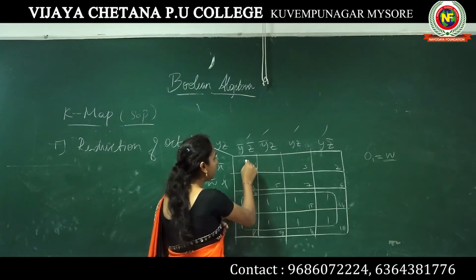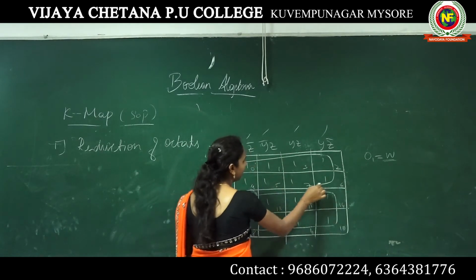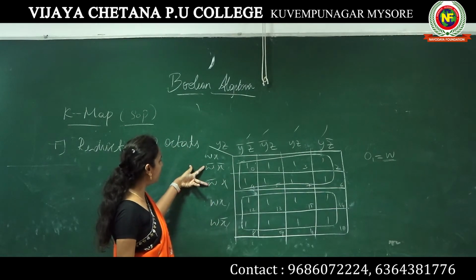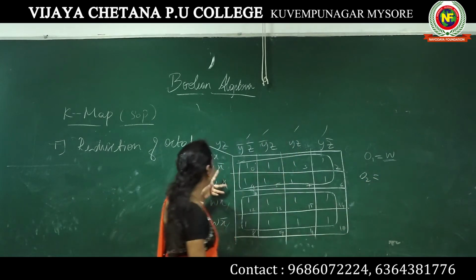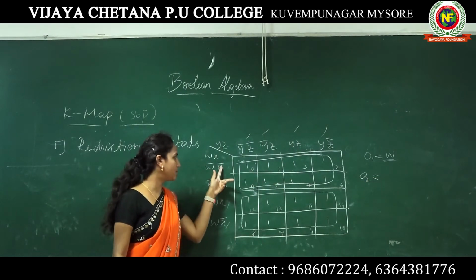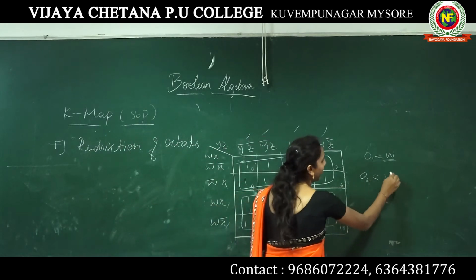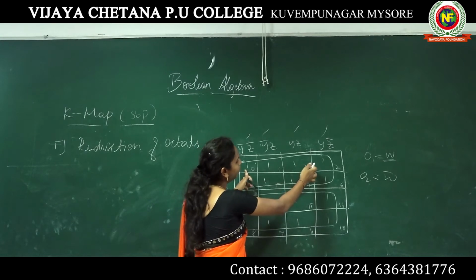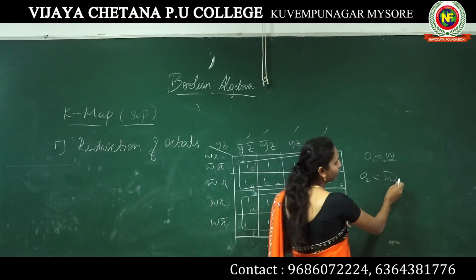If there is any other octet here, for example, if there is another octet here, we compare it with this one. So I am taking octet 2. Here, x and x bar are cancelled. We are left with W bar. Again, when you consider the complete 4 vertical lines, you cancel everything. You are left with only W bar.